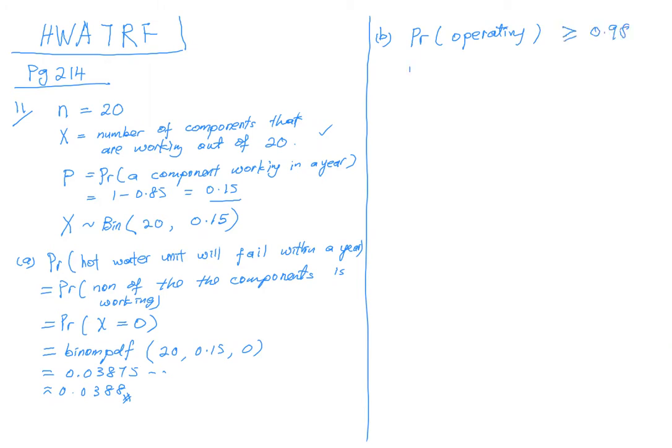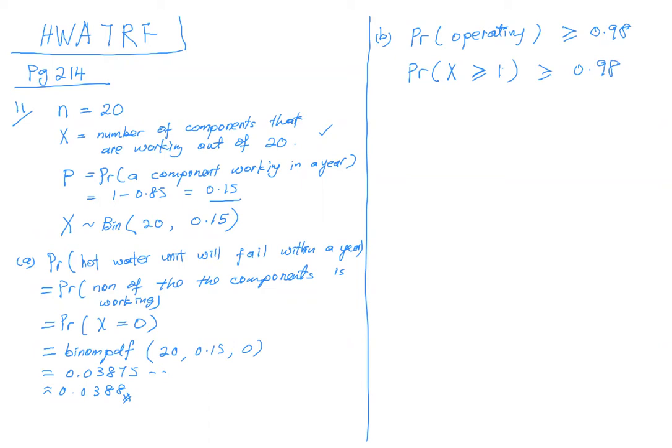So which means that the probability of X greater than or equal to 1. Am I right? Because they say in order to operate, at least one of the components must be working. Must be greater than or equal to 0.98.